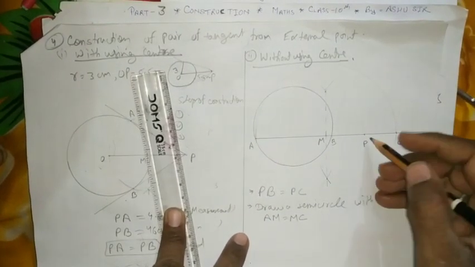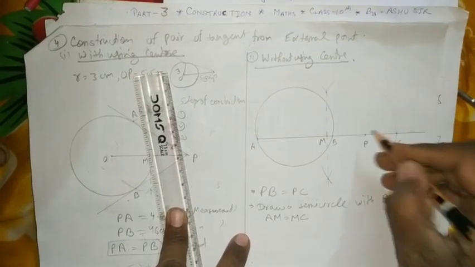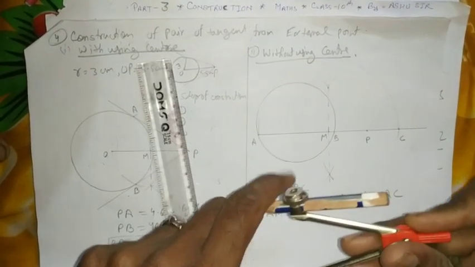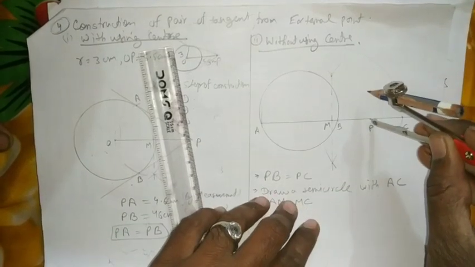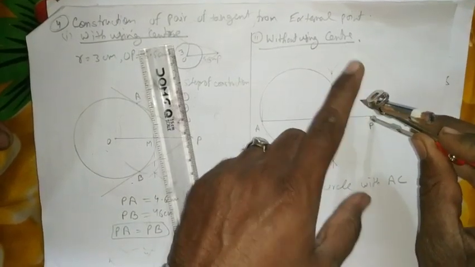Then next step, at point P, construct a right angle. You know how we construct the angle 90?